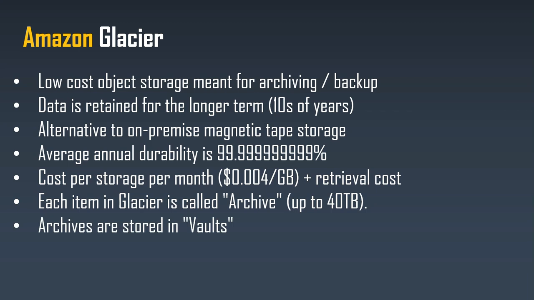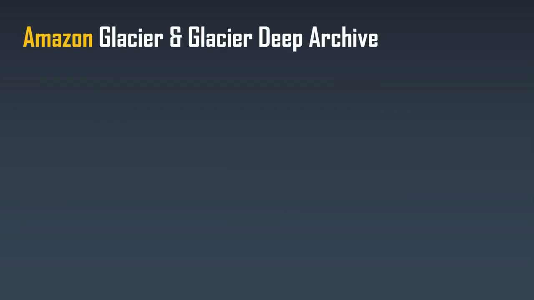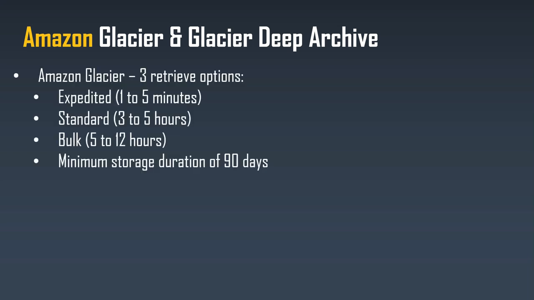Okay. So we have two tiers within Amazon Glacier we need to know about. The first one is Amazon Glacier, the basic one, and we have three retrieval options and they are very important to understand. Expedited, which is 1 to 5 minutes, so you request your file and between 1 to 5 minutes you will get it back. Standard, which is 3 to 5 hours, so you wait a much longer time.